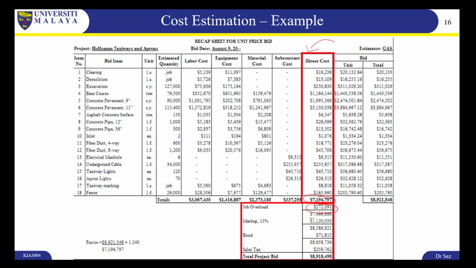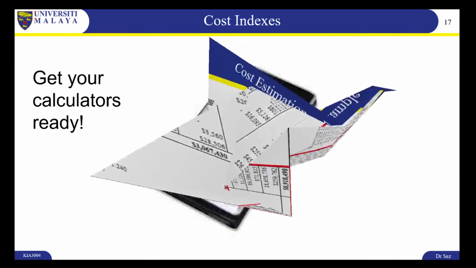Then we add our markup, which is 15% of this. Then we add our bond. Bond is usually a deposit, and it's not really covered under any particular category. And of course, you need your sales tax, and you get your project bid. This is a very simple example.